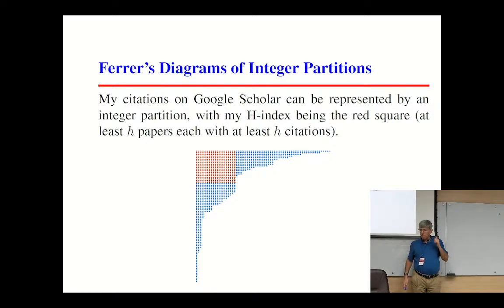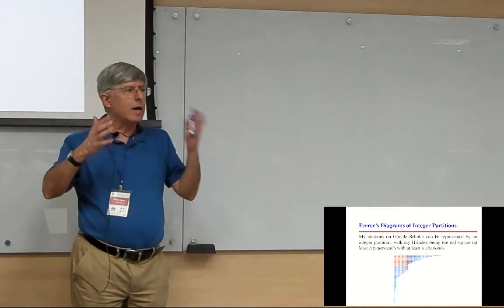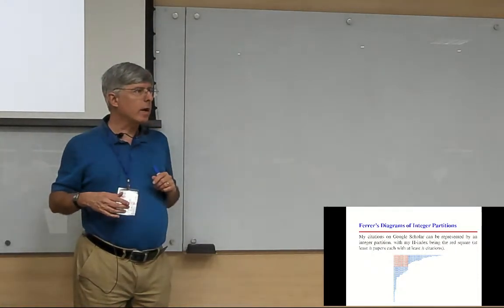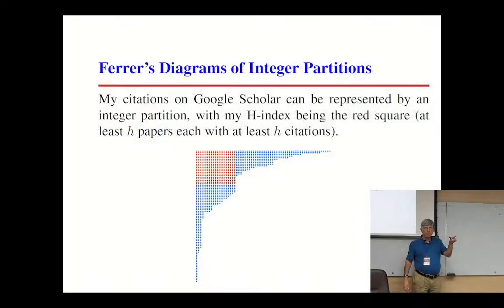So when you look at a professor's record, you can describe it by an integer partition like this. Does everybody kind of see that? It's a partition of the total number of citations I have had. Any questions? And there's another one of the measures they use to say how good a researcher somebody is, or how much their papers are cited, something called their H index.